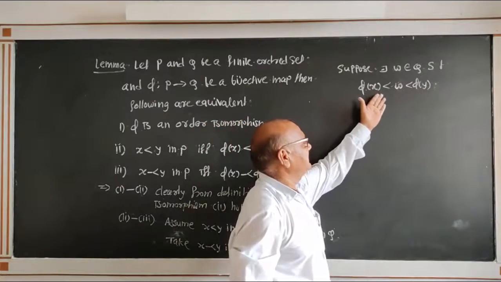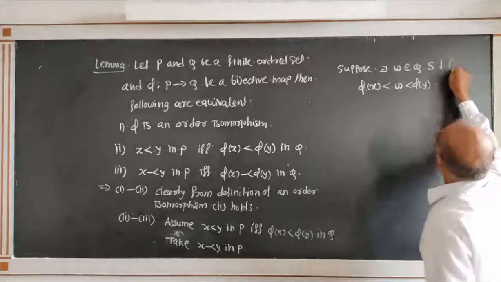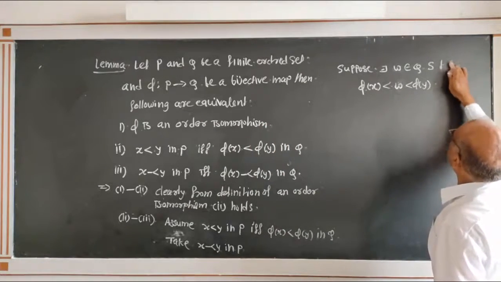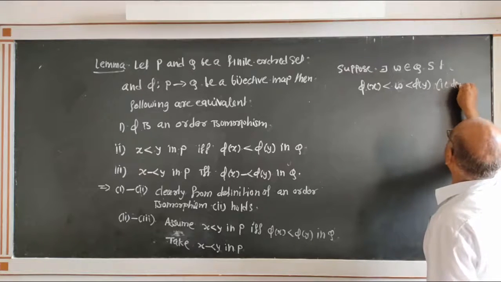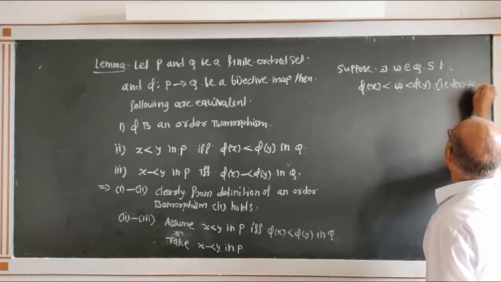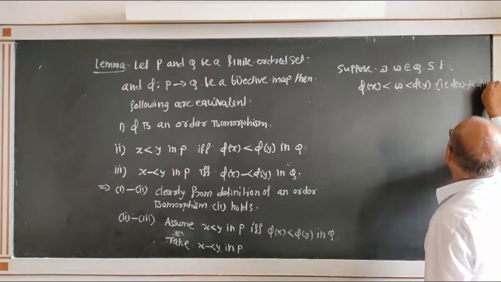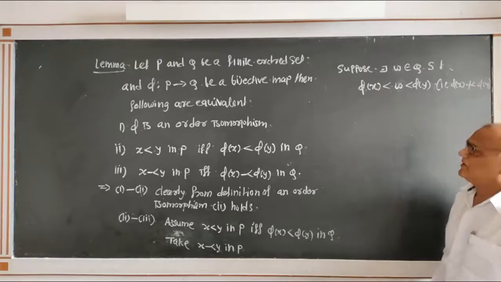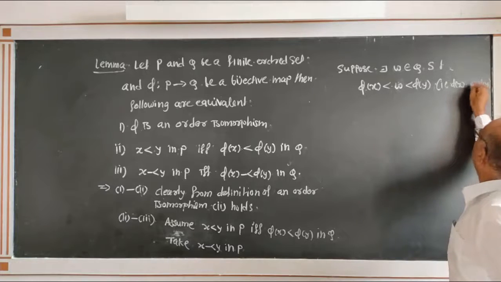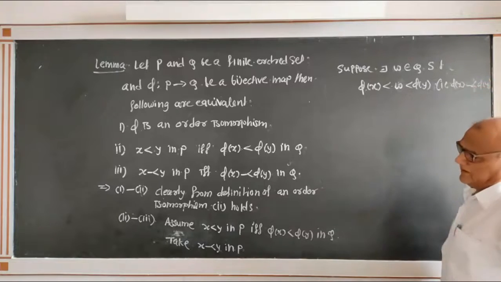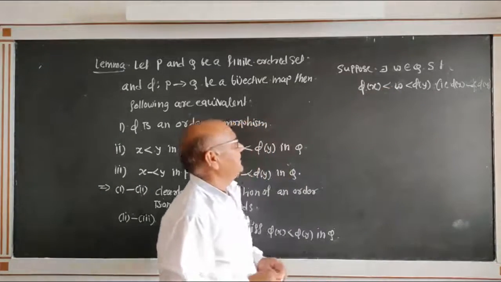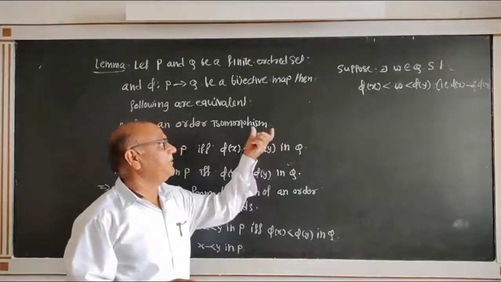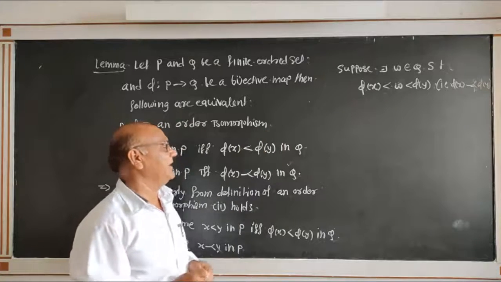That means phi(x) does not cover phi(y), like this. Then there exists w in between phi(x) and phi(y).